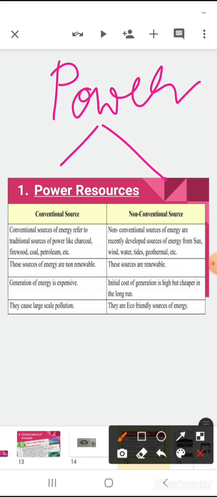And fossil fuels such as coal, petroleum, and natural gas are the main sources of conventional energy. Now, what is thermal power? Electricity from coal is called thermal power.